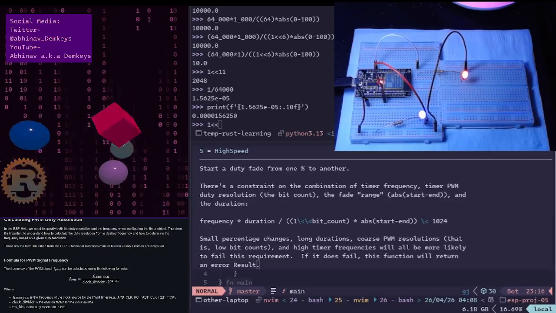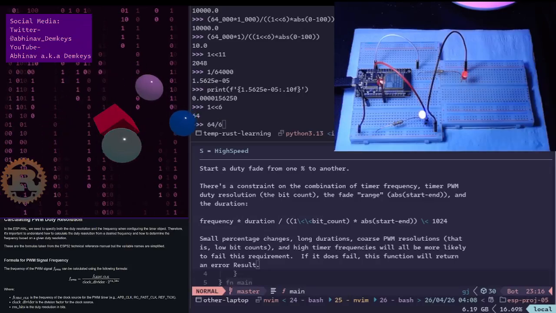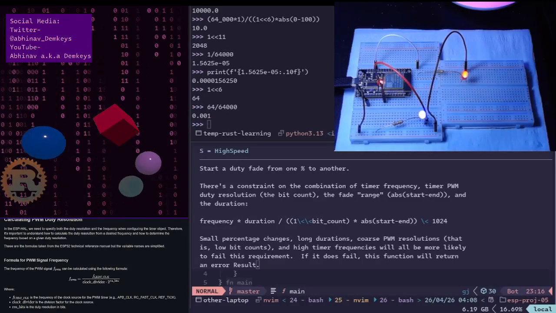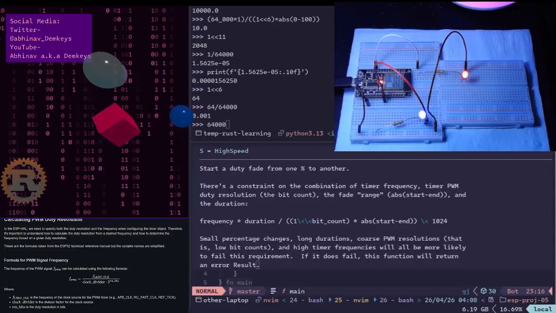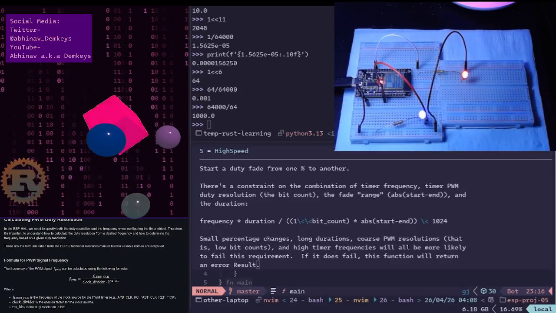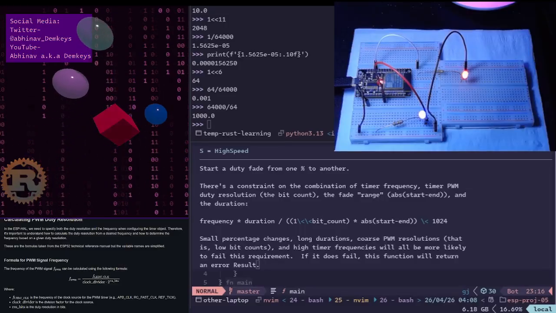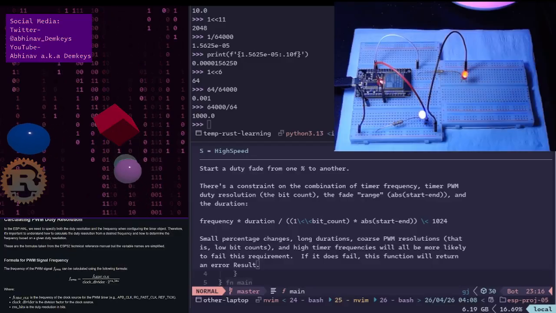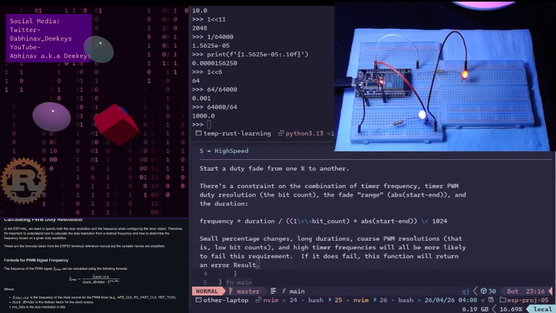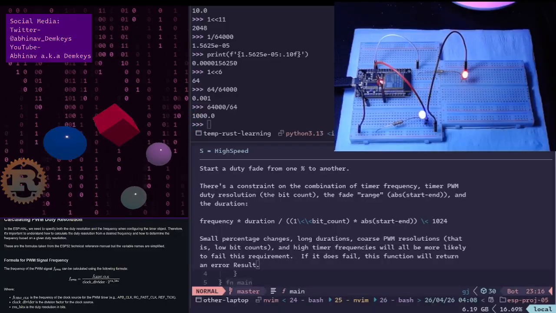It gives us 64. Okay, 64,000 divided by 64 is 1,000. Does that mean each cycle is 1,000 ticks?